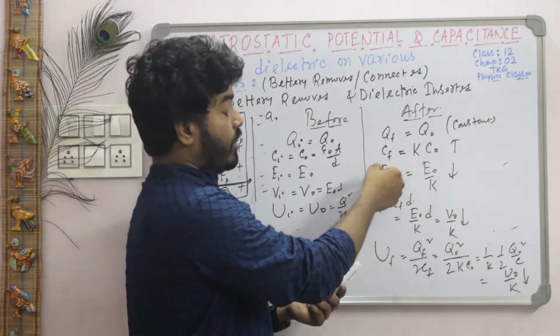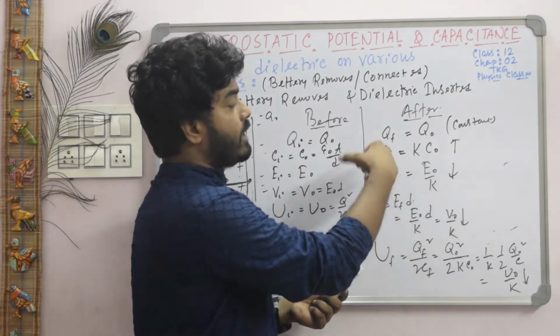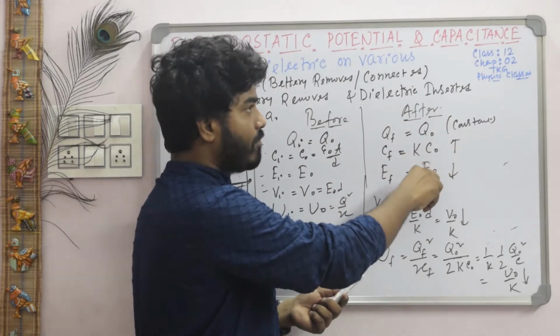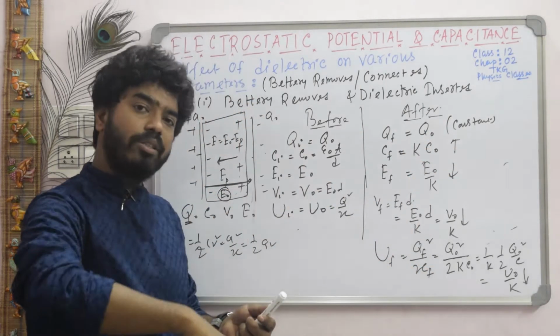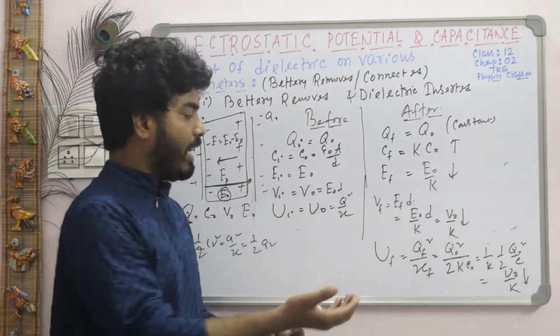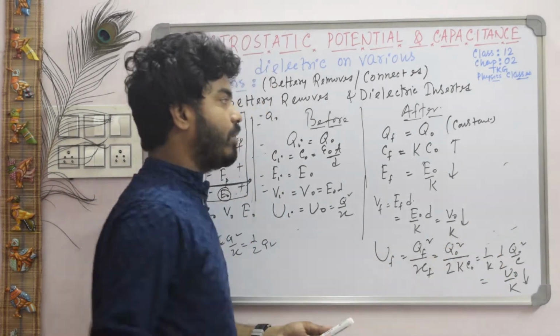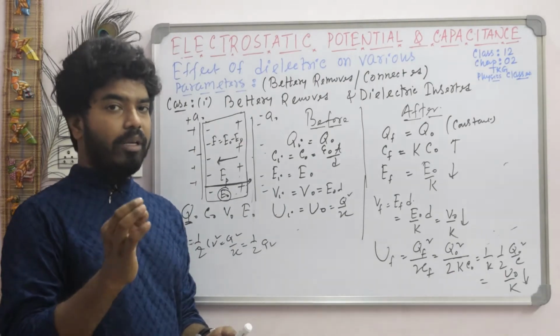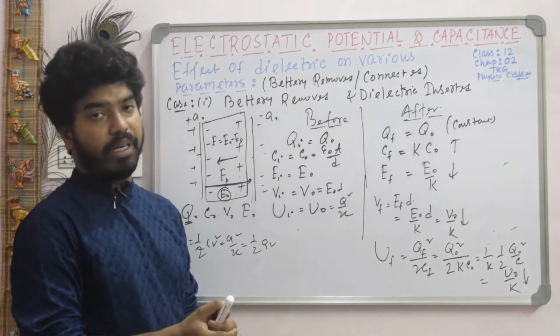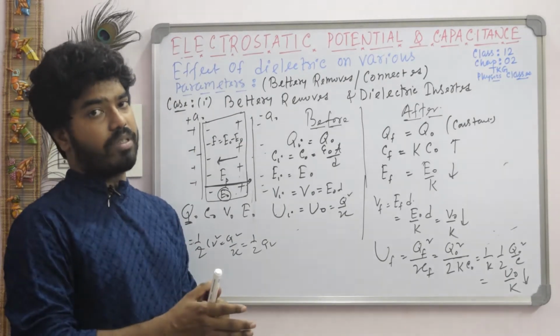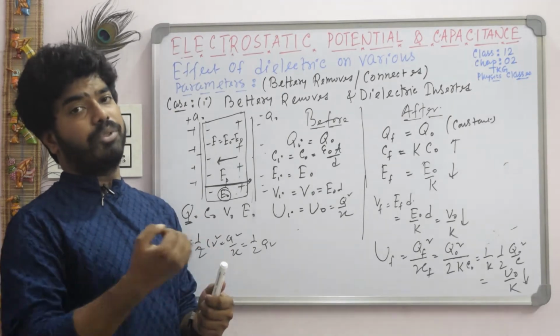The final electric field decreases 1 by K times, and the electric potential also decreases 1 by K times, and finally we find that the electric potential energy also decreases 1 by K times. So one important thing you have to remember here, that is the charge remains constant when the battery is removed.